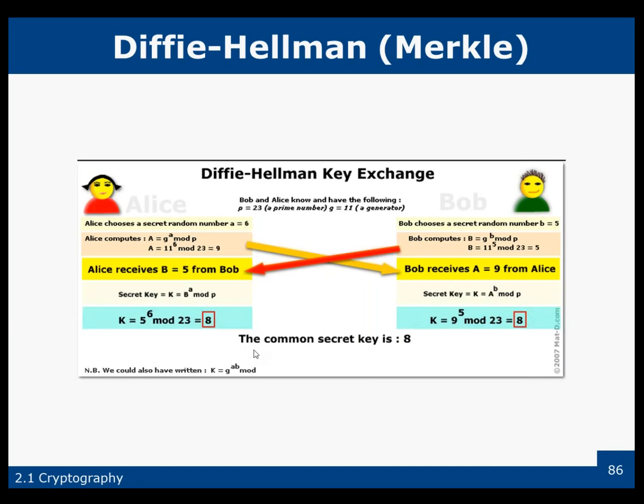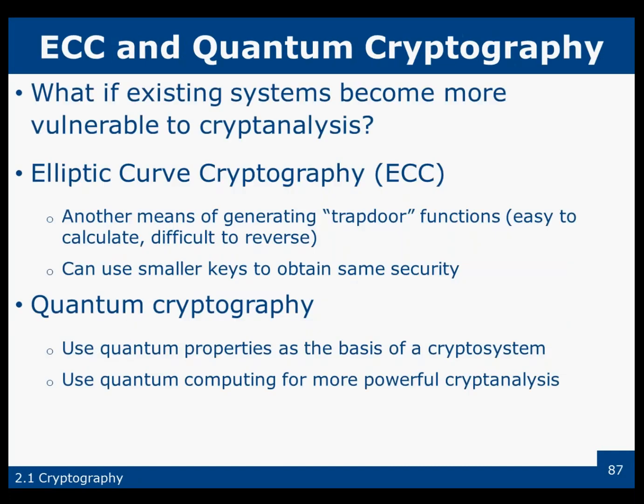So they've created the same key by sharing some information, and that's the Diffie-Hellman key exchange. There's an article on the internet called the Diffie-Hellman key exchange for the non-mathematician, because this is one of those things that really does use a lot of mathematics in order to make it work.